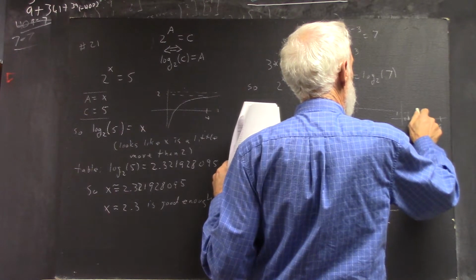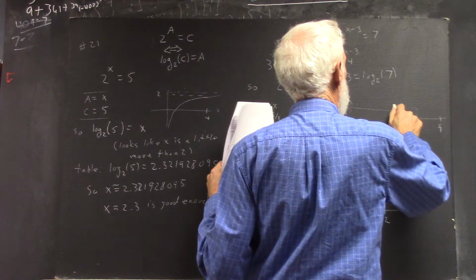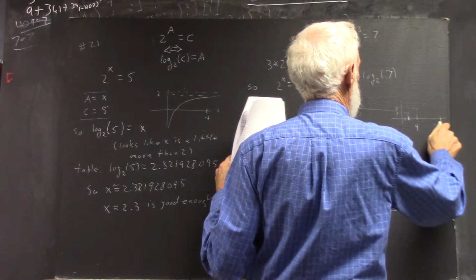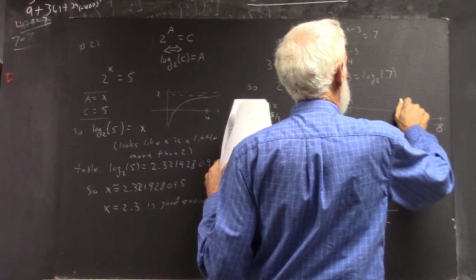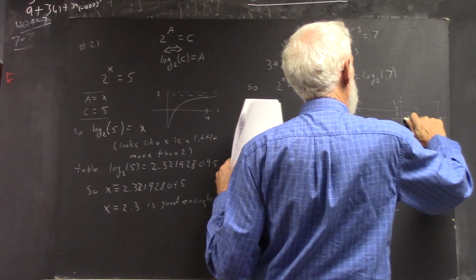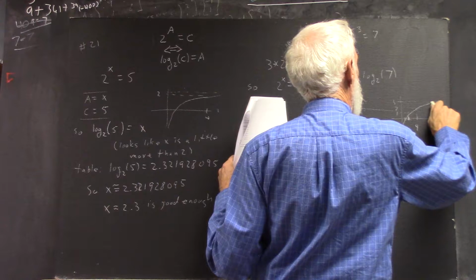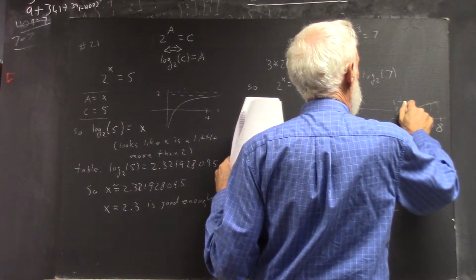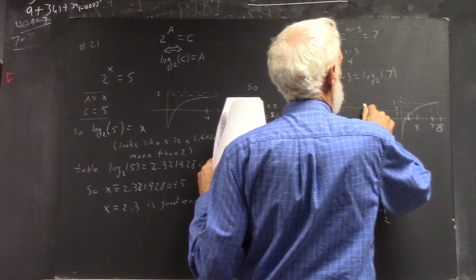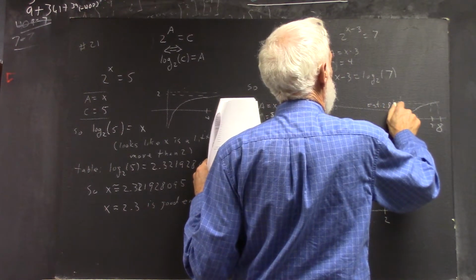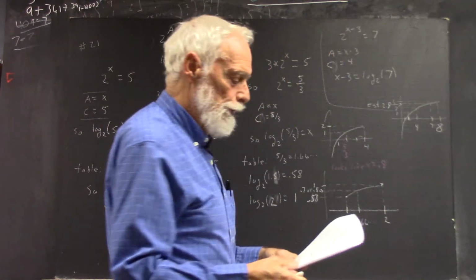And you're going to get 2 here. It turns out it's not 9, it's 8. You go up to 3 and you get 8. So you can sketch your graph and you can say, okay, if I'm at 7, I'm almost up to 3, so I can estimate this maybe 2.8.